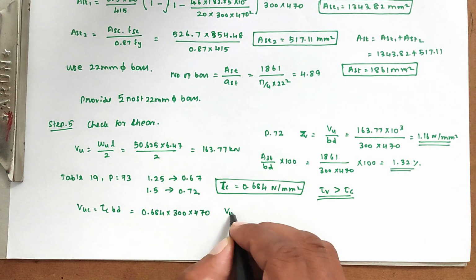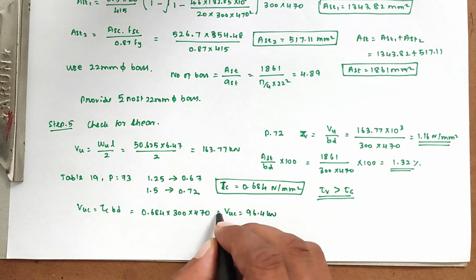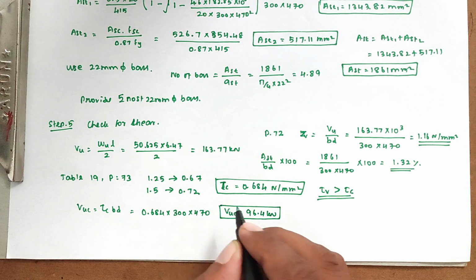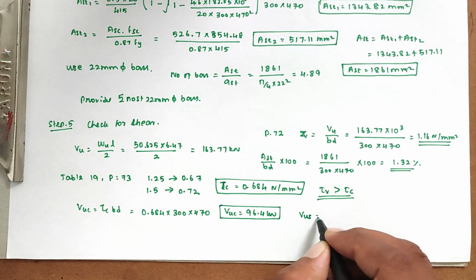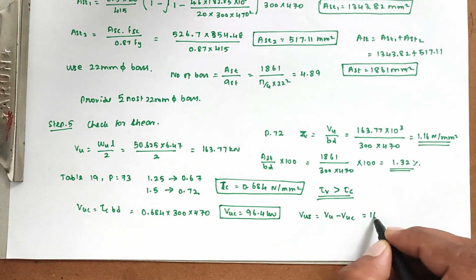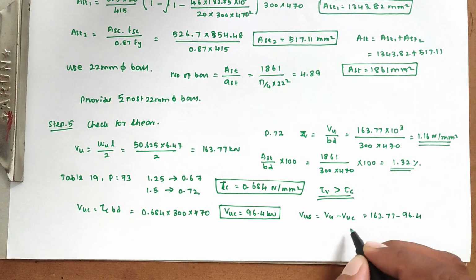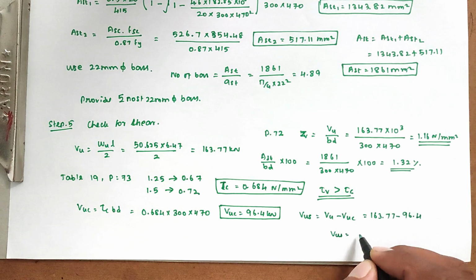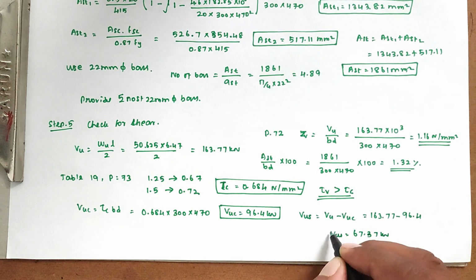So now VUC equal to 96.4 kilonewton. So now shear carried by the stirrups. So VUS equal to VU minus VUC. So VU value is 163.77 minus 96.4. So now VUS equal to 67.37 kilonewton.